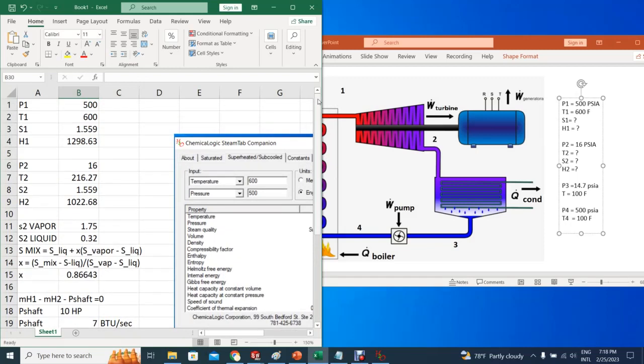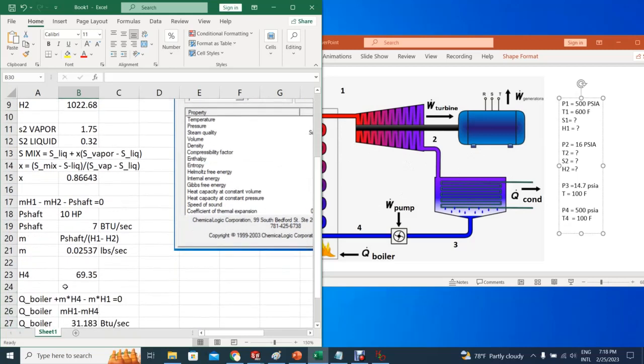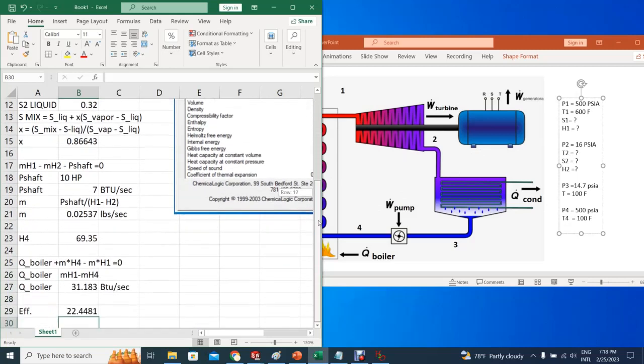In an actual Rankine cycle, these conditions are higher than the ones I'm showing here. But the idea was to make this more for a home. If you are burning something around your home, and you can get this amount of energy in, 31.183, then you can get an efficiency of about 22%.